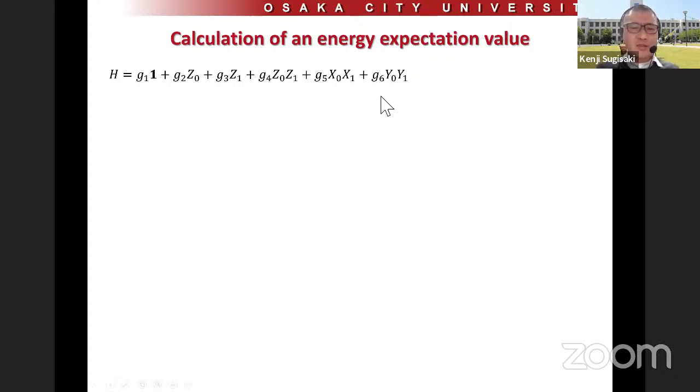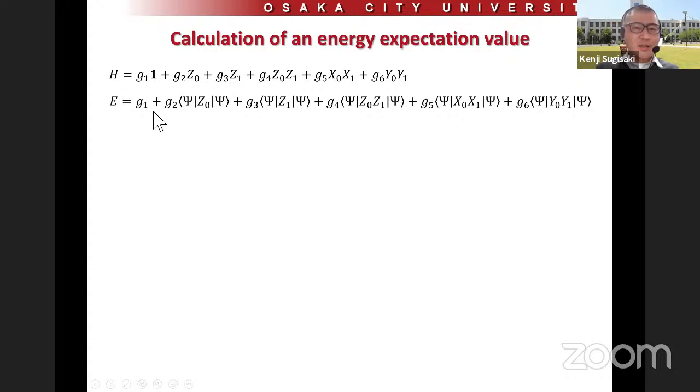The energy expectation value can be calculated as shown here. So we have to evaluate the expectation values of the Pauli operators, for example, Z0, or Z0 Z1, or X0 X1, or Y0 Y1, and so on.